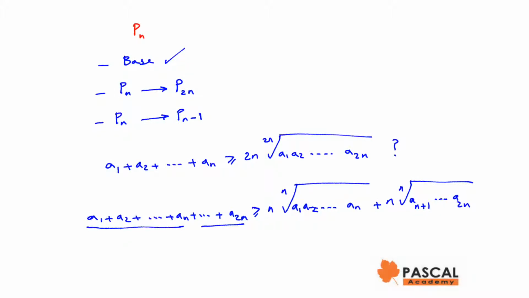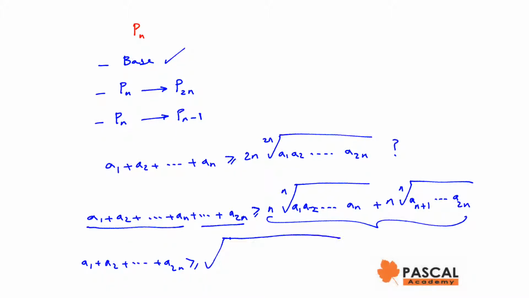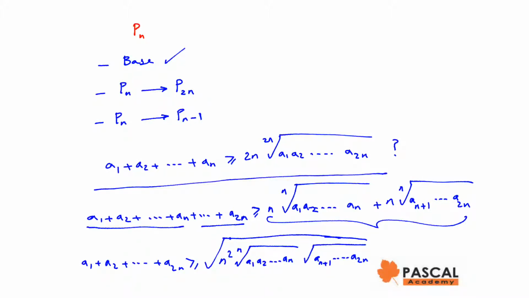Now if we use the arithmetic-geometric mean inequality for these two terms, we have a1 plus a2 plus ... plus a2n is greater than or equal to 2 times the square root of n times the nth root of a1, a2, ..., an times the nth root of an plus 1 to a2n, which is what we wanted to prove.